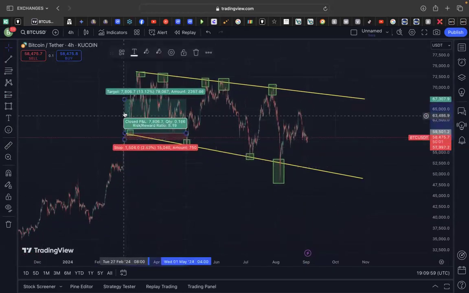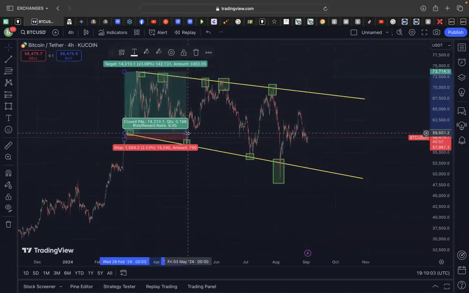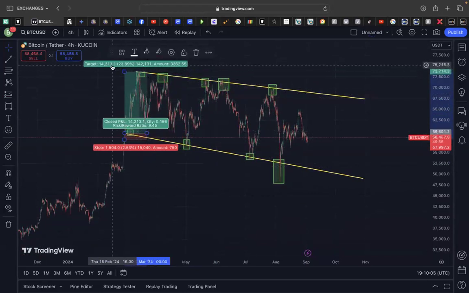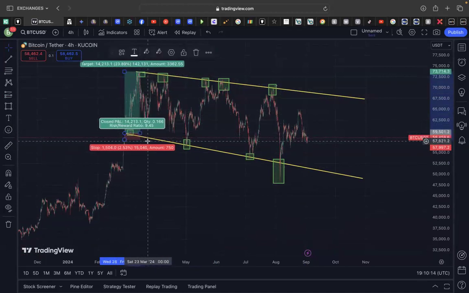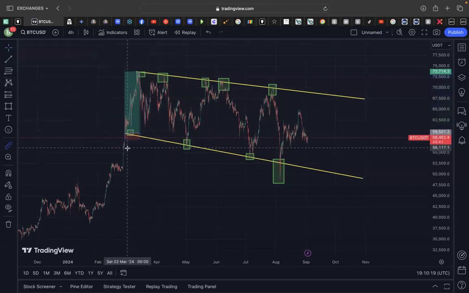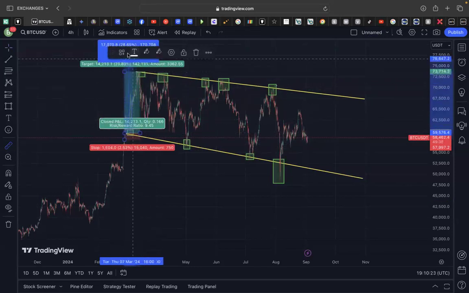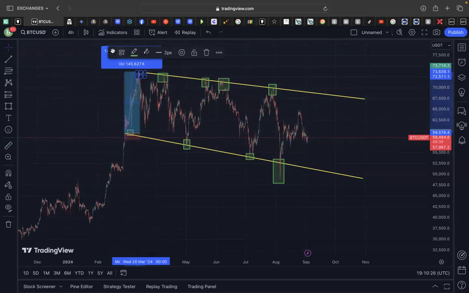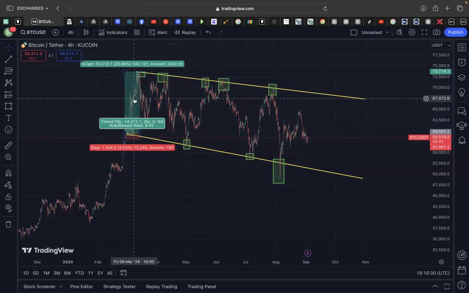If you had taken a long somewhere here, you would have hit your take profit all the way at 70K in a duration of approximately 16 days.